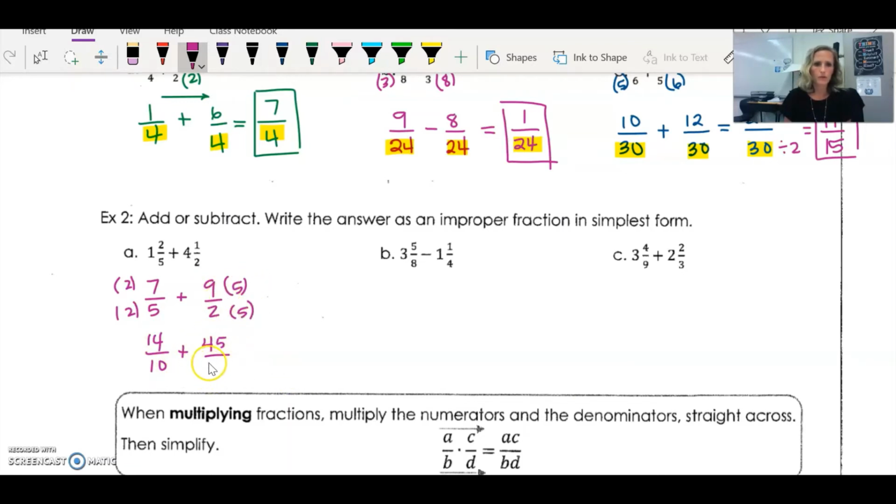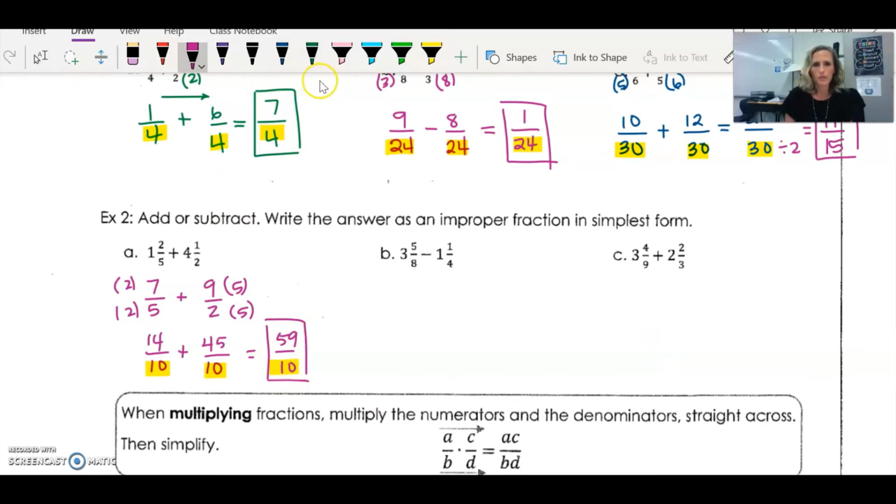So that gives me 45/10, and now I have my common denominator. My answer will have that same common denominator, 10, and I'll have 59/10. 59 over 10 cannot simplify. We can't divide both numerator and denominator by a common factor, and so that one is complete.